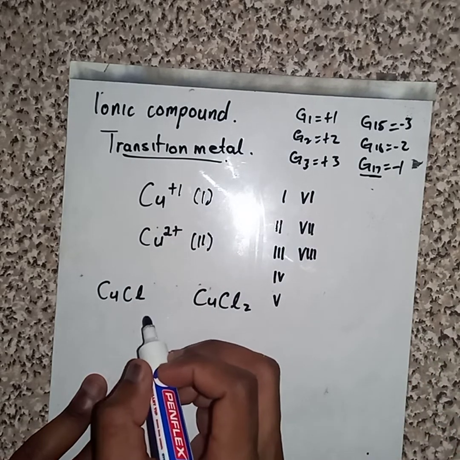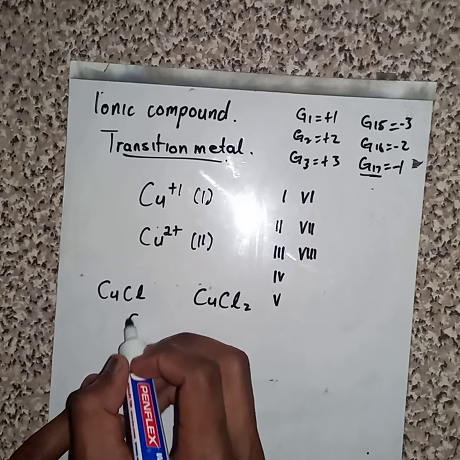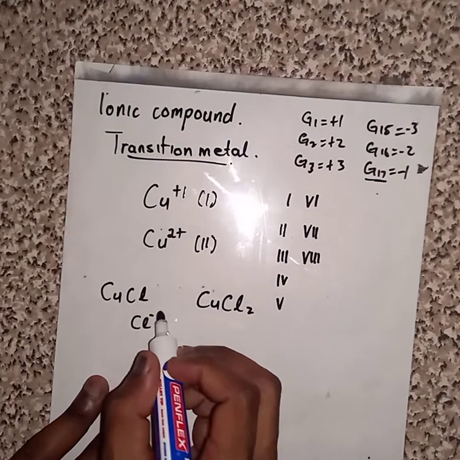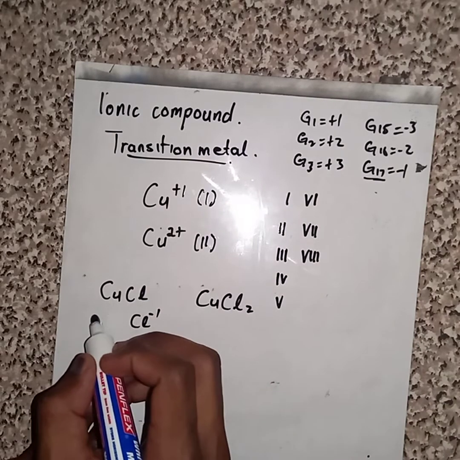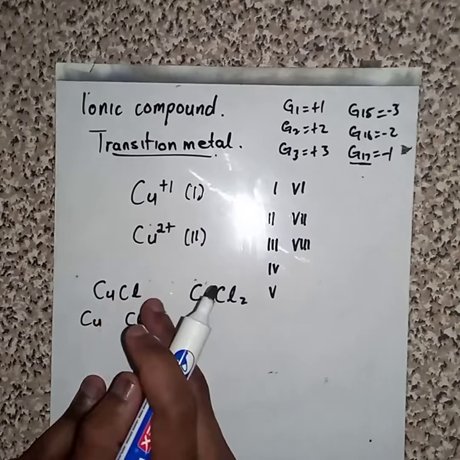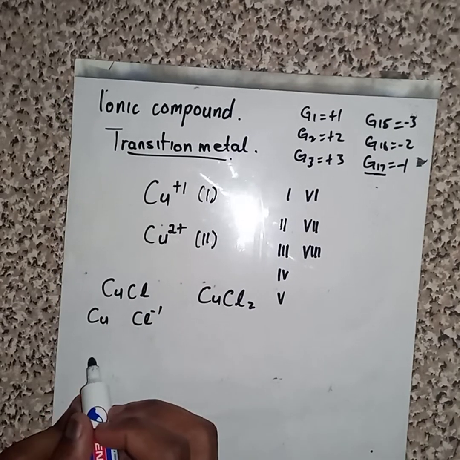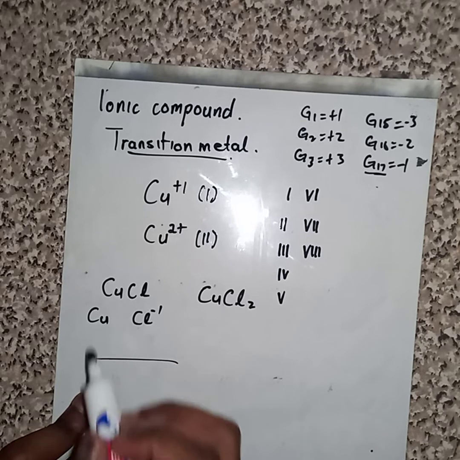The best thing you can do is to split it up. Since I only have one Cl on this side, I also have one copper on this side, one of each.